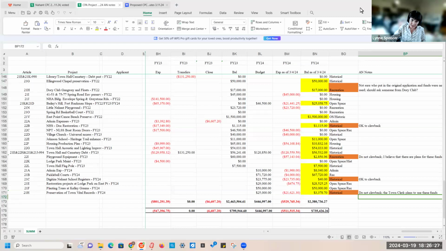It charts what has been paid and what is still in the grant as a balance, which could potentially be clawed back or can be used for its original purpose. So just running down this, the first one is the Heritage Trail, which goes way back to 2009. And there's still $518 in the account, but Allison's note is don't claw back, could be used for additional signage.